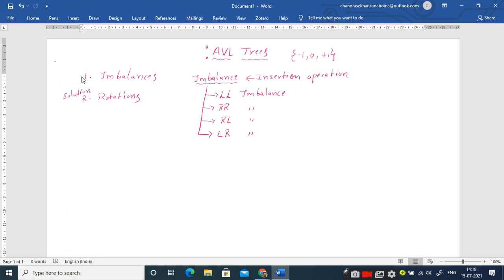Right. So if you go deep into the discussions of these LL, RR, RL and LR imbalances.